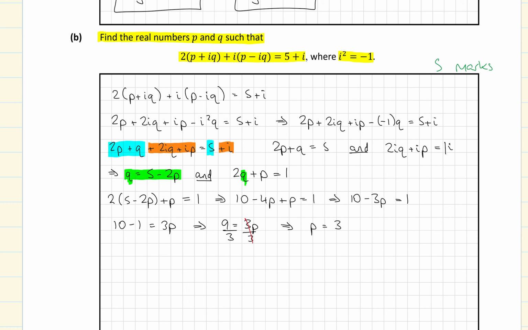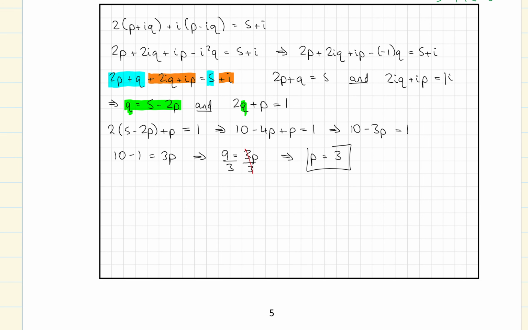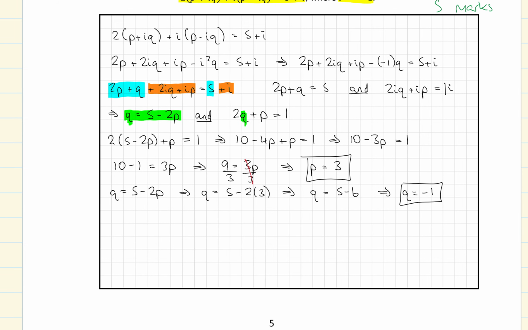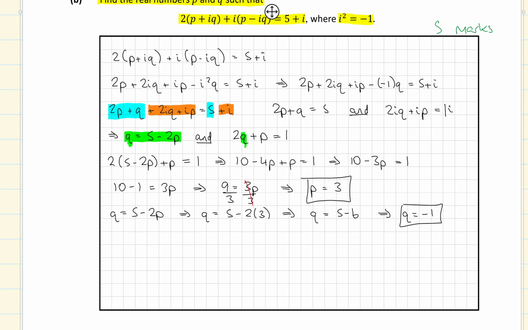Okay, we found p. Now we need to go and find q. So I can pick either one of the equations and sub back in. I'd rewritten this one, so I'll use that. And there's my solution for q.